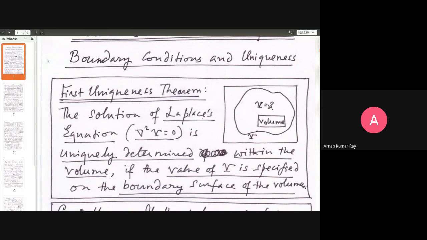Now, if you are given certain boundary conditions, then depending on those two boundary conditions, Laplace's equation will have exactly one solution and nothing else. Let us try to understand. Suppose I give you a one variable problem.